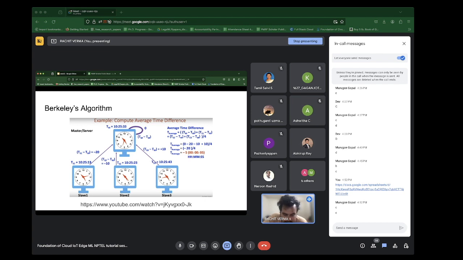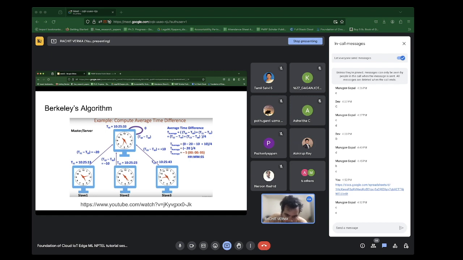But if you ask me, I think this is internal synchronization because you're even changing the master one. That means it's not the reference. Also, you can choose any of the nodes as the master, and after that connect, and also one of the nodes can drop out. That possibility is also there.